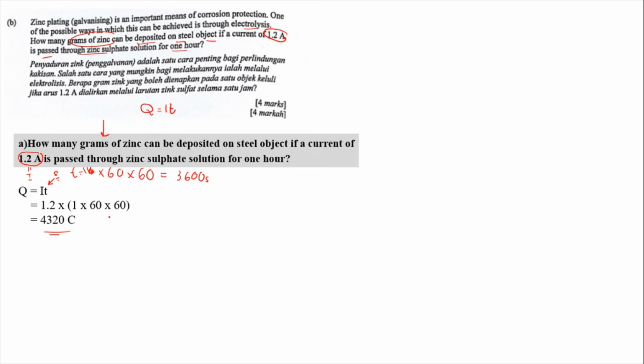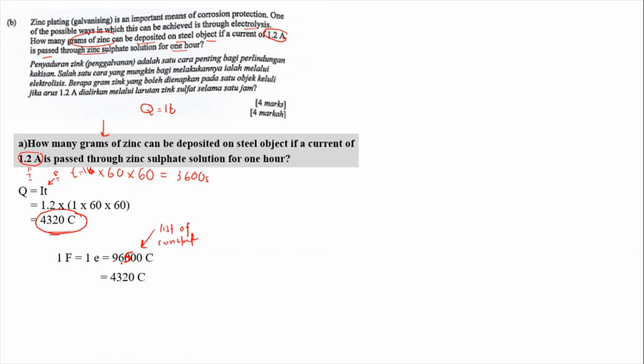And then you also know that 1 Faraday is equal to 1 mole of electron is equal to 96,500 coulomb. This is based on your list of constants. But now you only have 4,320 coulomb.